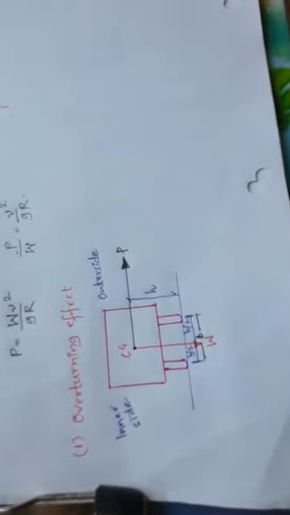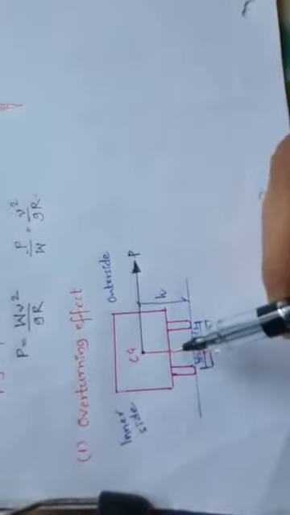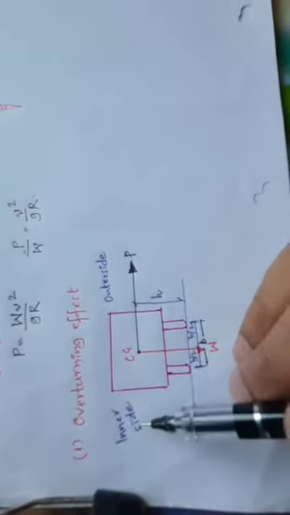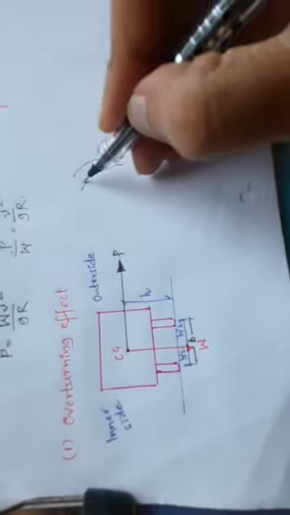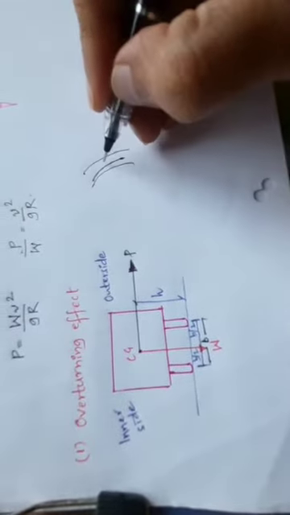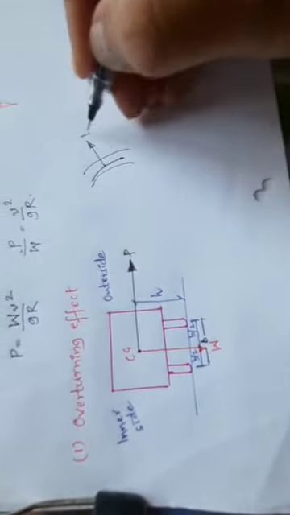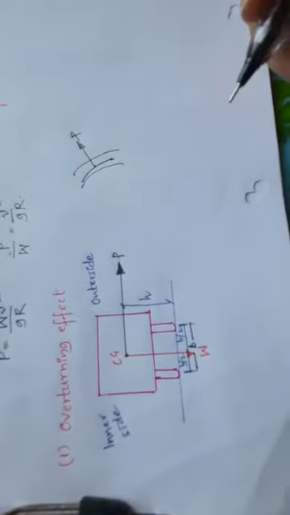In case of the overturning effect, we consider a vehicle, and this is the outside of the curve and this is the inner side of the curve. This is a curve, and the vehicle is moving in this fashion, and this is the centrifugal force acting in this position.